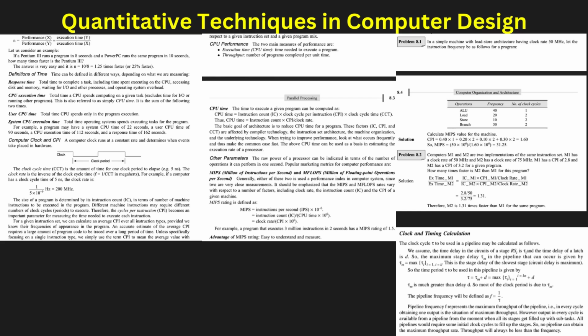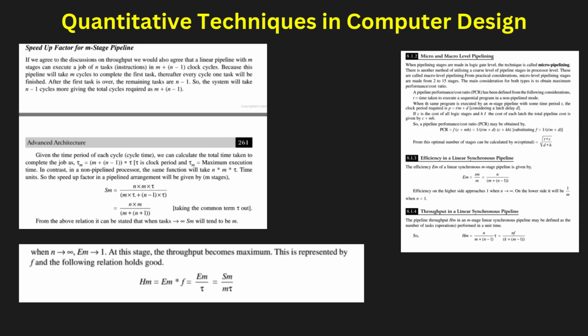From the mathematics point of view, designers use Amdahl's law to estimate the performance improvement when enhancing specific system components. The law states that speedup is limited by the portion of the system that cannot be improved. Another key metric is MIPS, millions of instructions per second, which measures the instruction execution speed.